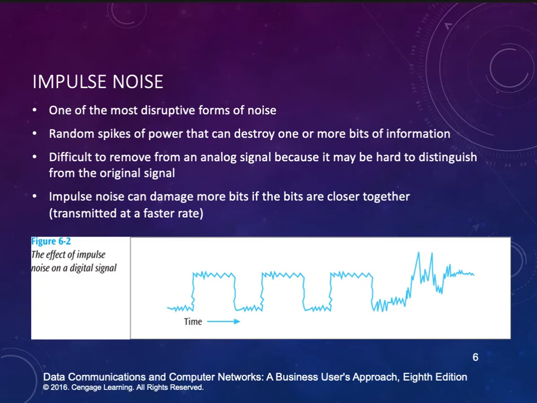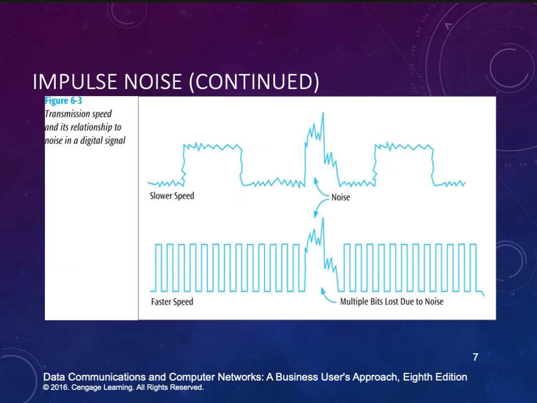Because of this, the data cannot be recognized and it's distorted. Here is an example where you see the signal, and especially when the noise is introduced, bits are lost.